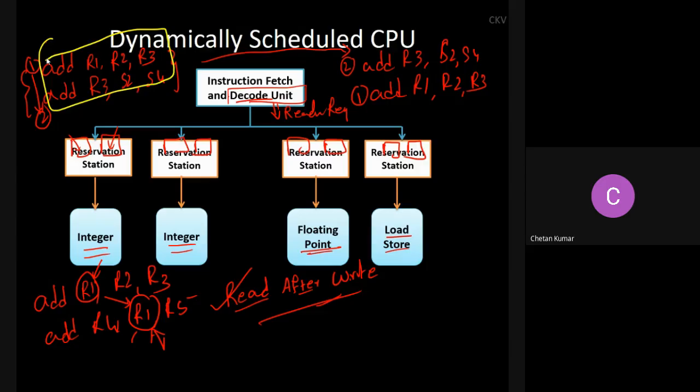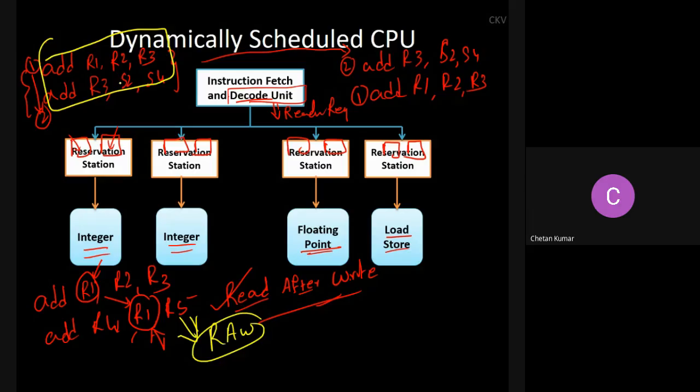This dependency we call RAW dependency, which we have studied as part of our normal RISC-V processor. Now here, what kind of dependency is there? Where is the problem coming, with respect to which register? With respect to R3.